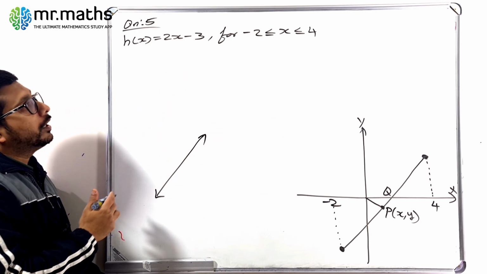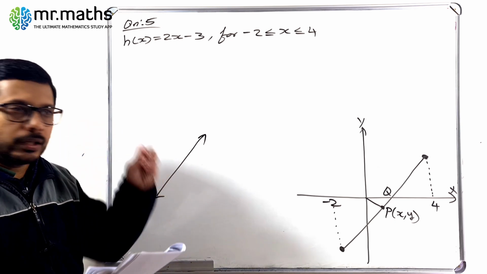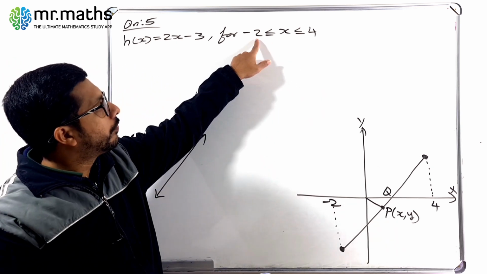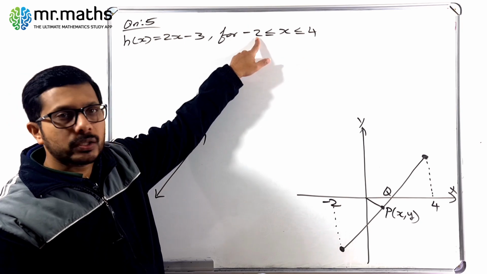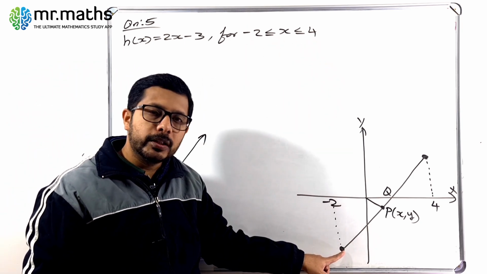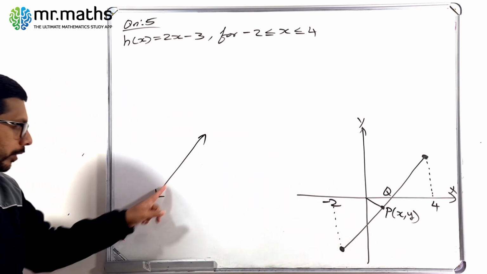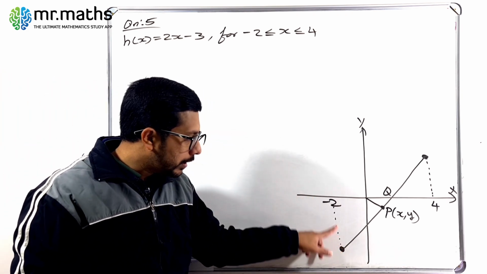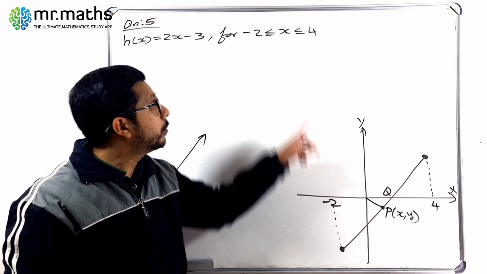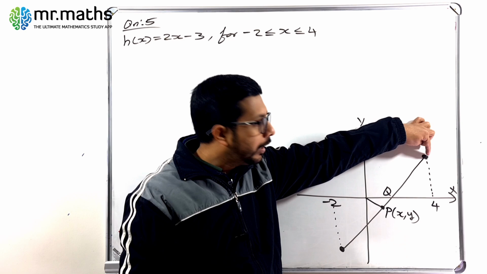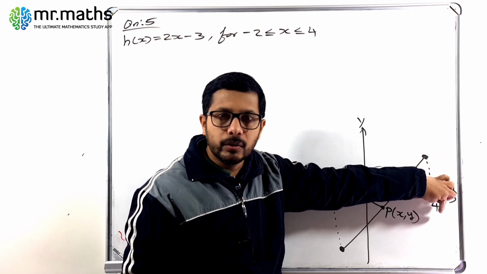But here in this question they are specifying from which x value to which x value: from -2 to 4. That means this is an end point, where the x value is -2, and up to 4, that means this is another end point, where the x value is 4. It's not continuing.